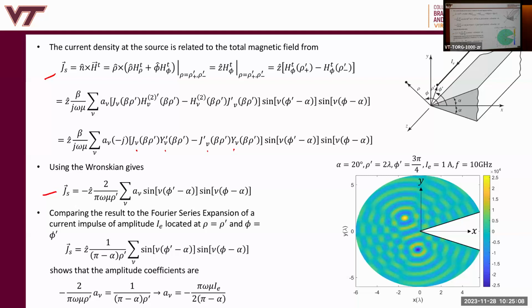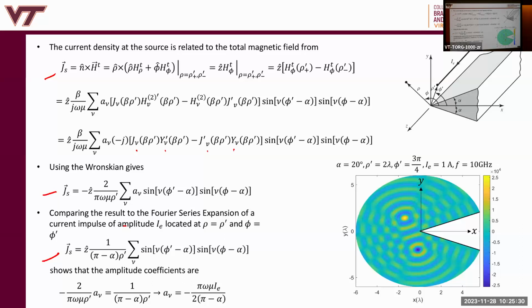Now, comparing this result to the Fourier series expansion of a current impulse of amplitude I located at rho equal to rho prime and phi equal to phi prime, this here is the Fourier series expansion in cylindrical coordinates of an impulse. In the cylindrical sense, it's a line source.